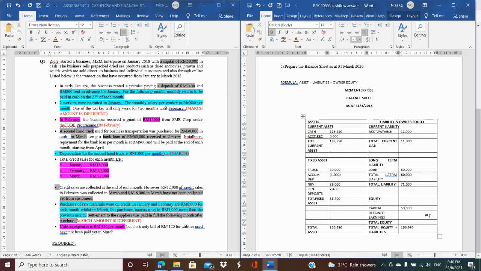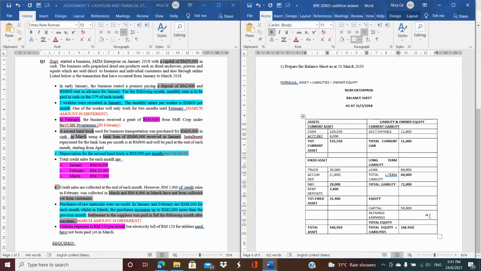If you want to know whether your calculation is correct, you can work backwards, because you already know that total asset must equal total equity and liability. So the amount must be 166950. You have to take 166950 minus 71,000, then there will be 95,950.